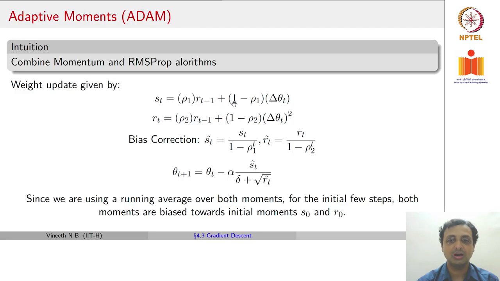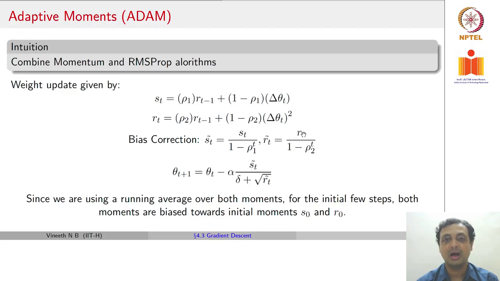That's where RT minus 1 will start. 1 minus rho 1 will make it a very small value because rho 1 is close to 1. So which means the gradients will not have any impact on ST in the initial iterations until they add up. So there may not be much training that happens in the initial iterations. So what do we do for that? We say let ST tilde be ST by 1 minus rho 1 power t.